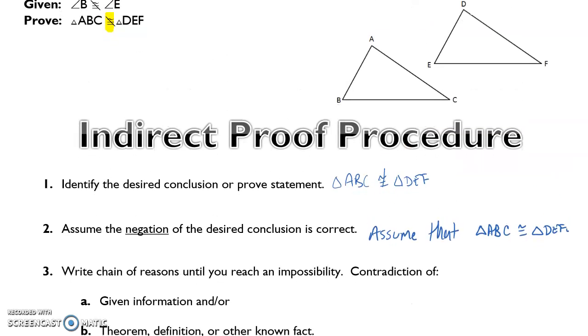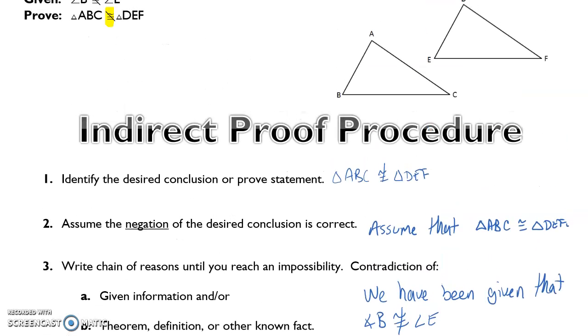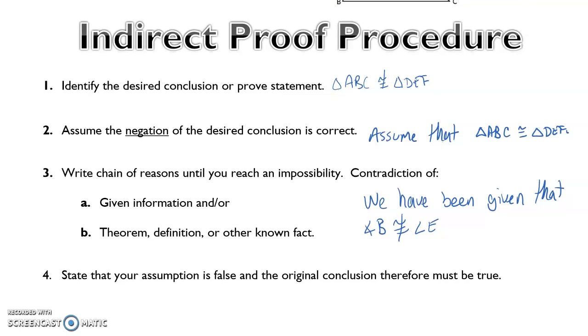So in this case, we have been given that angle B is not congruent to angle E. Well, right away, we can stop. I can write a period, and we can stop because according to my assumption, angle B is congruent to angle E based on their location in my triangle congruence.